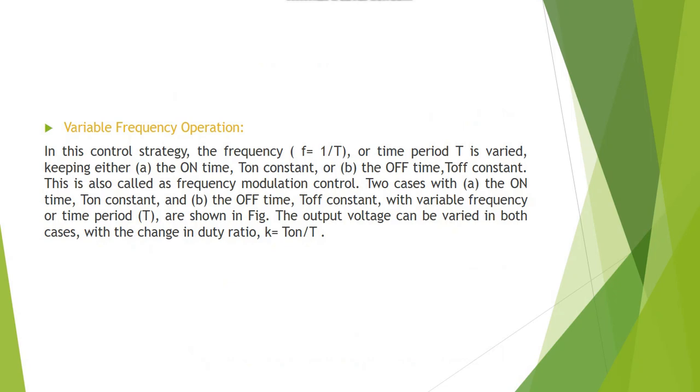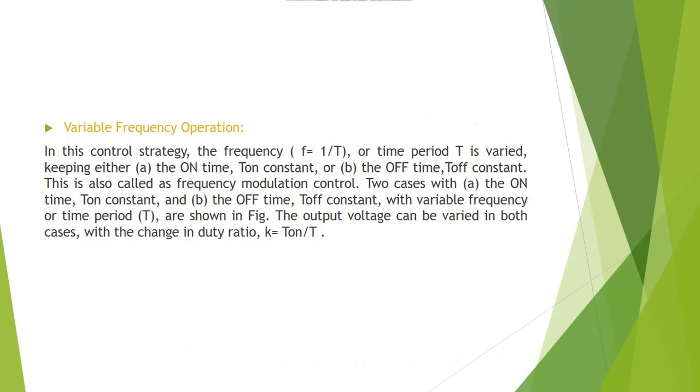Here the total time is varied. Suppose in the first case we use a total time equal to 60 seconds, and in the second case the total time is equal to 80 seconds. But the on time remains constant: in the first case the on time is 20 seconds, and in the second case also the on time is 20 seconds.